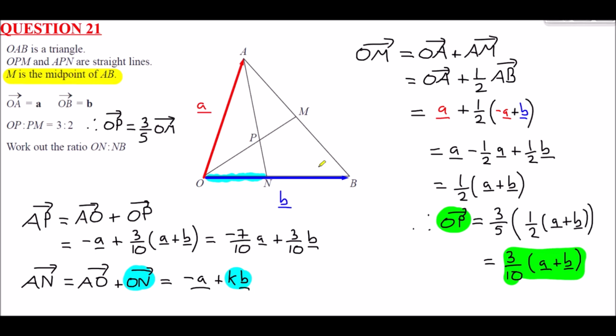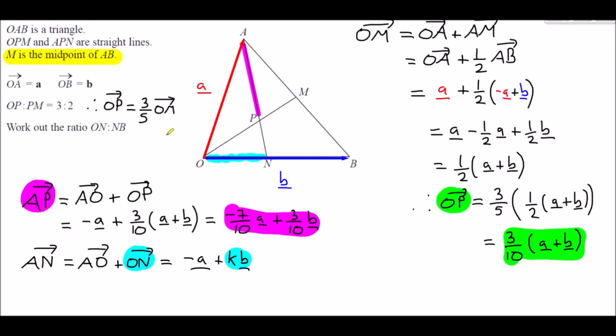The next thing we need to consider is that AP, which we've worked out is minus 7/10 A plus 3/10 of a B, is actually just a fraction of the whole distance from A to N, because AN is parallel to AP. So AN is just AP multiplied by something.